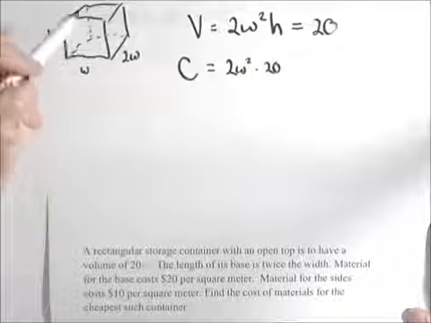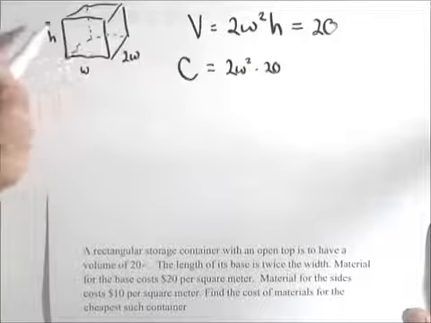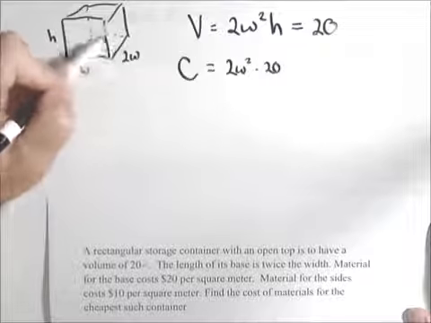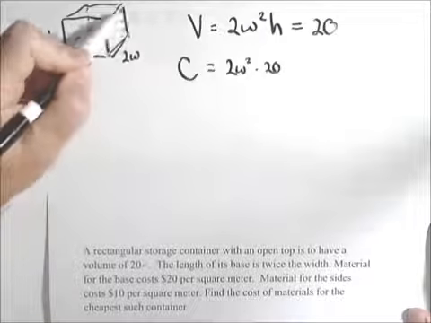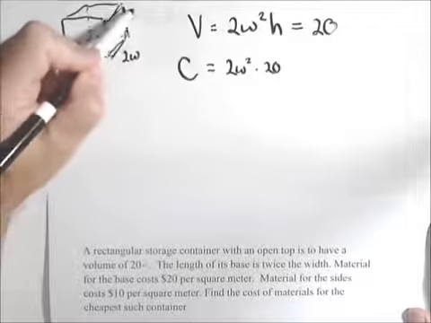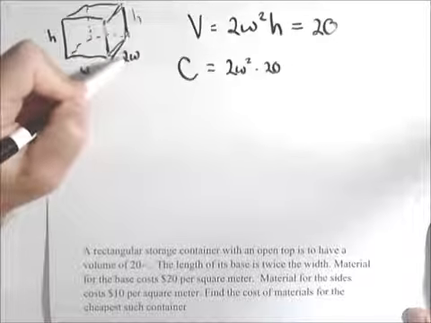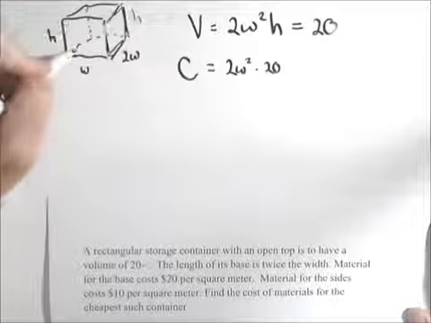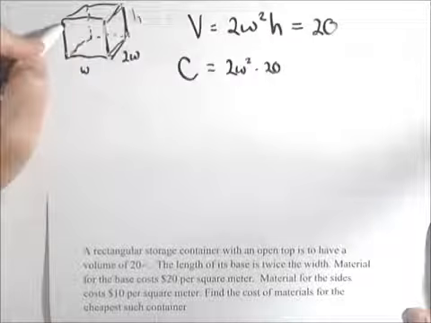Now we need to do the cost of the sides, which are only $10 per square meter. So let's take this side here. Well, it's 2W this way and H this way. So it's 2W times H. Well, so is this side that's opposite it.